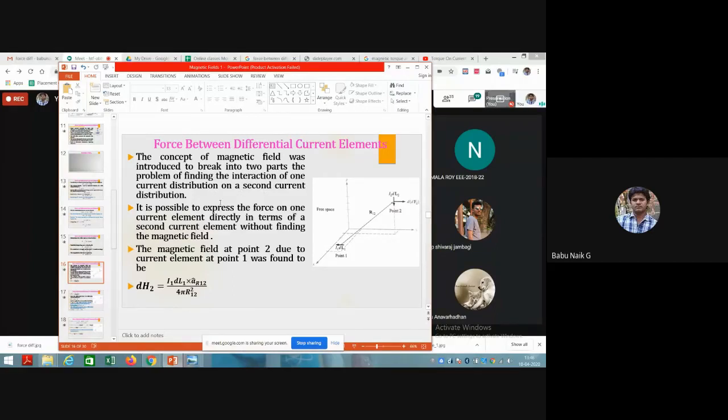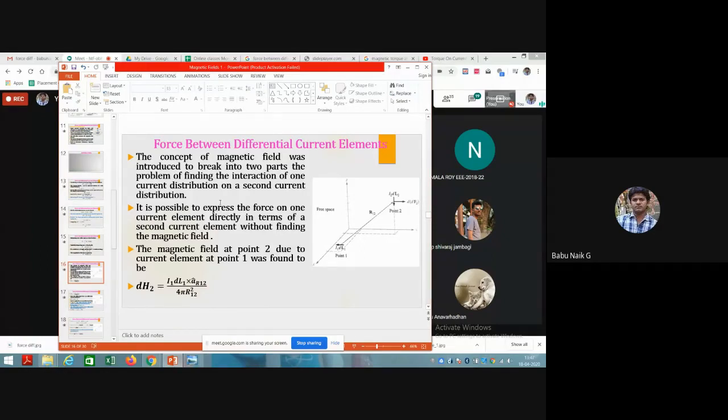Okay, so if you consider a rectangular shape of wire and apply a supply, positive or negative, for example, then current will start flowing through that rectangular loop and come back to the negative terminal.